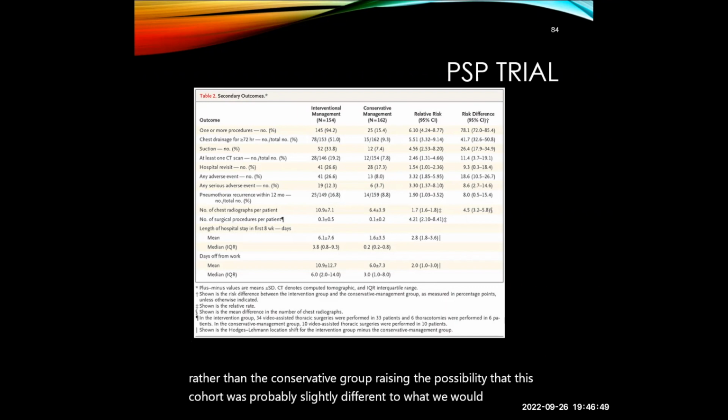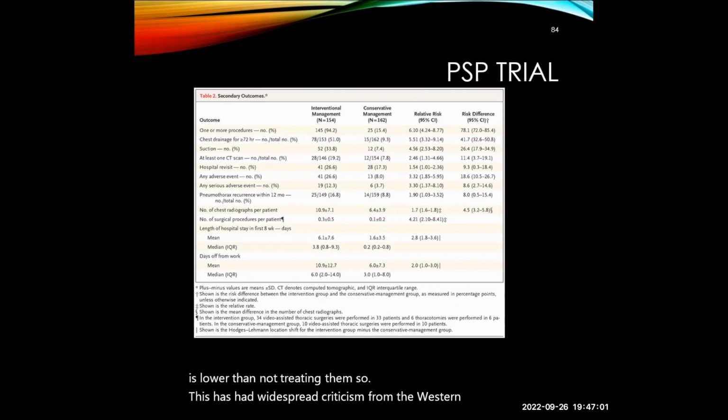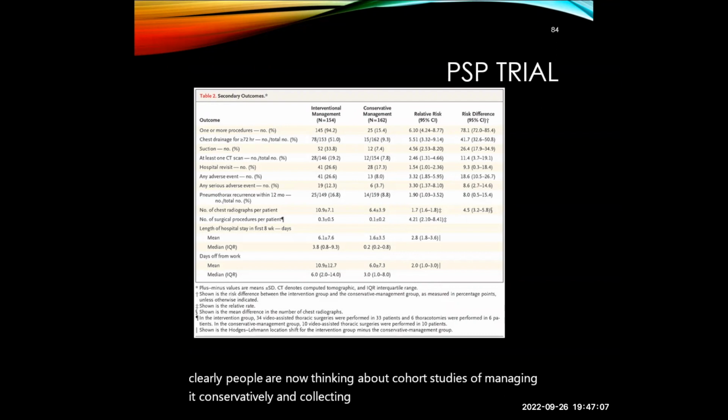Because if you treat anything with a drain, then the recurrence is lower than not treating them. So this has had widespread criticism from the Western world, and clearly people are now thinking about cohort studies of managing it conservatively and collecting registry data to see how we get along.